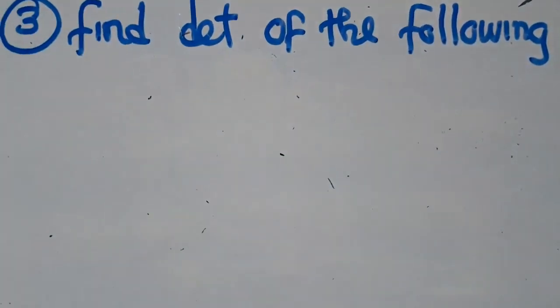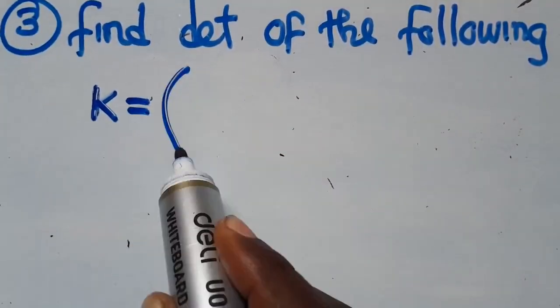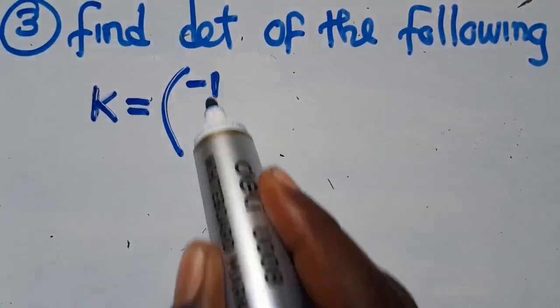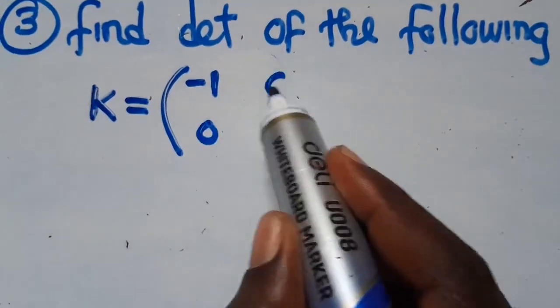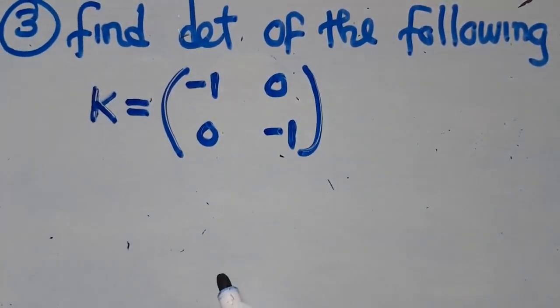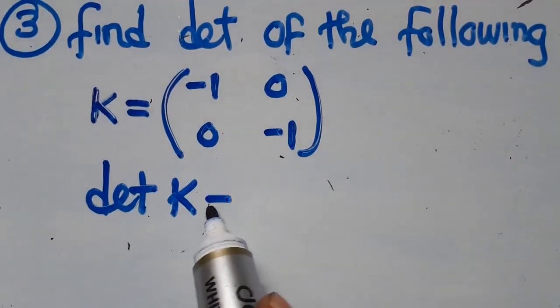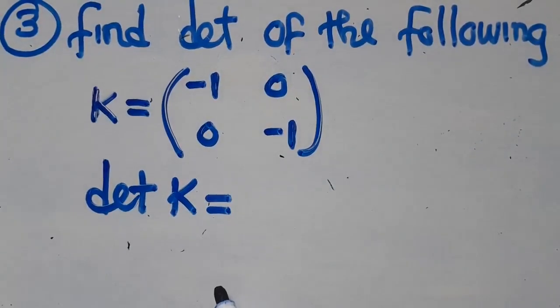Let's move to the other one: K is equal to -1, 0, 0, -1. How can you find the determinant of this? Determinant of K is equal to what?